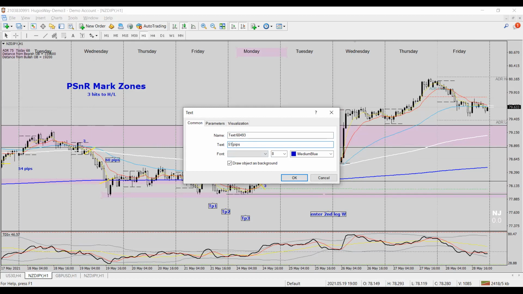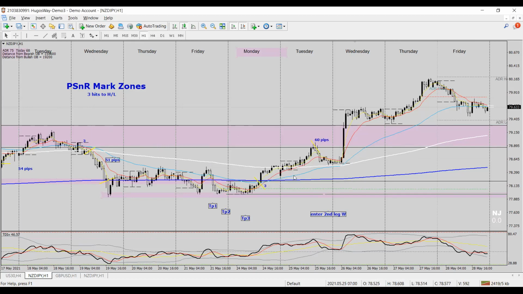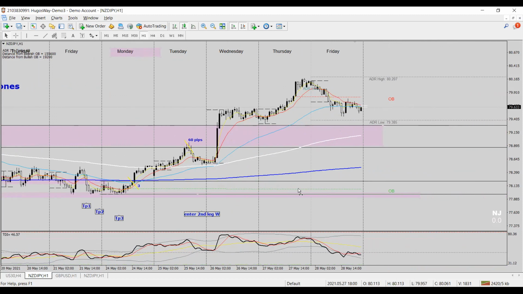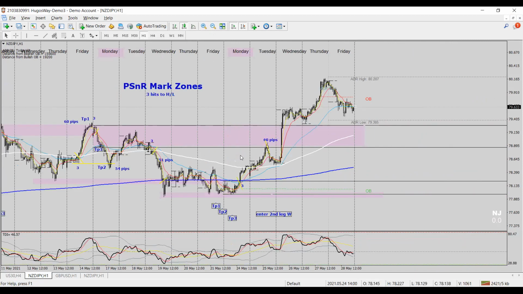Okay. Look at that. Okay. So if you were available at this time, then you could have entered here after your third hits to the low, exited up here, and then now you're waiting for the next setup, right?